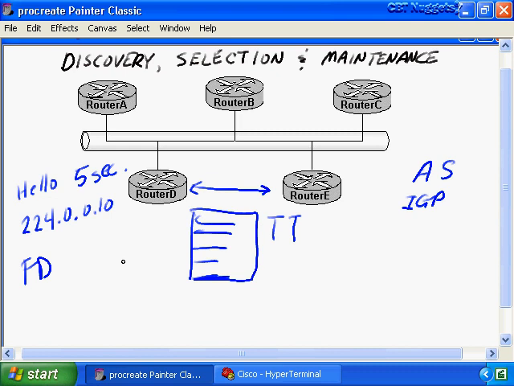Now, how does it determine this distance? EIGRP uses its metric, which is a combination of several different metric values. And the ones that it uses by default are bandwidth and delay. And this, of course, is just like the IGRP protocol, bandwidth and delay values.